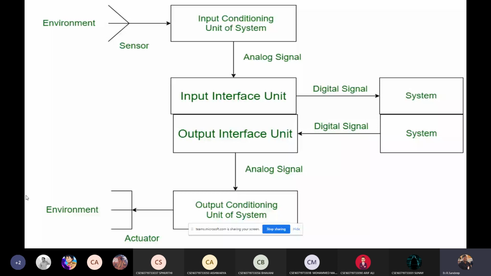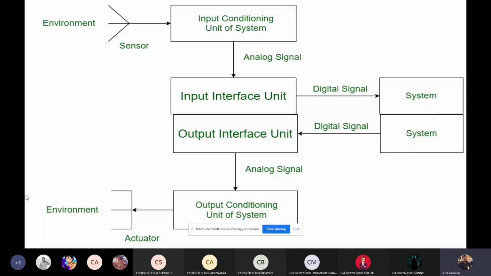So in a real-time environment, the sensor is taking the data. The data is analog in nature, and the analog data will not be understandable by the system. Why? Because the system will understand only digital signals. So there is a definite requirement for an interface unit, which is responsible for converting the analog signal into a digital signal so it can be processed by the processor.